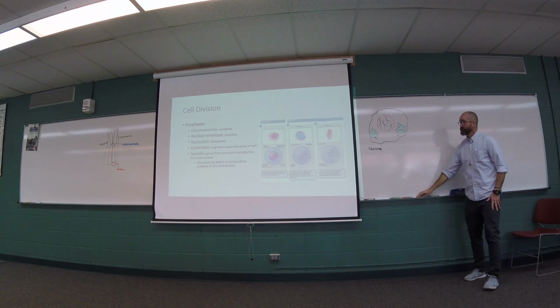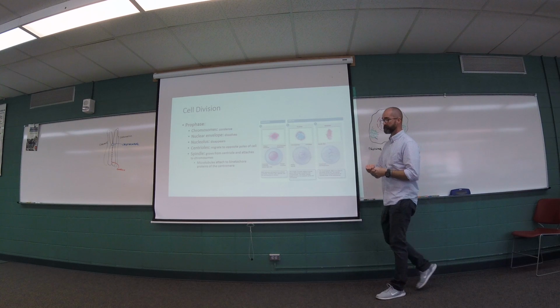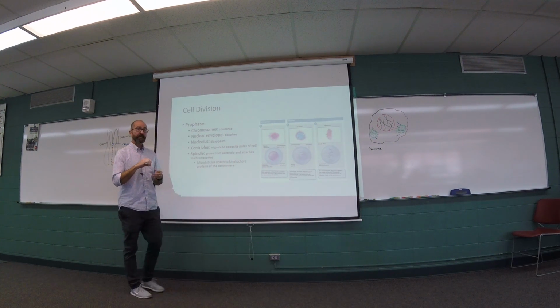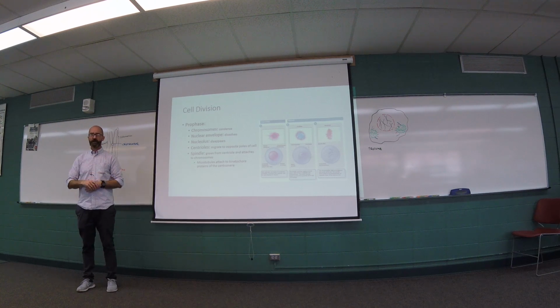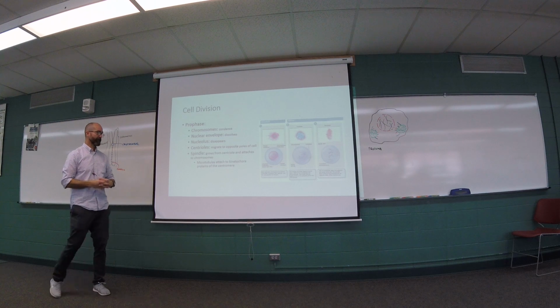Okay. So those things happen in prophase. Chromosomes begin to condense. The nucleus begins to fall apart. The nucleolus dissolves and disappears. The centrioles begin to migrate to opposite ends of the cell and start growing out microtubules for the mitotic spindle.